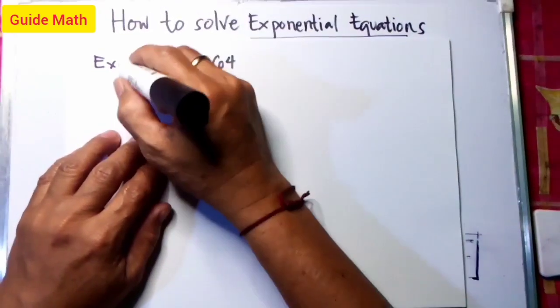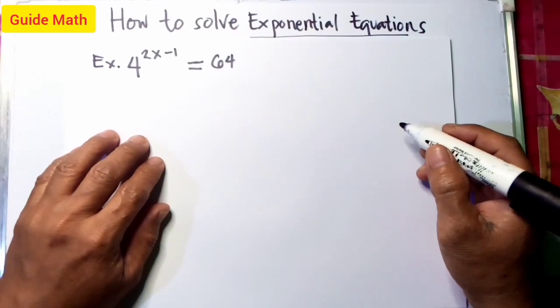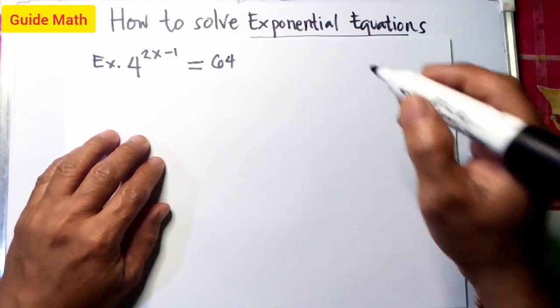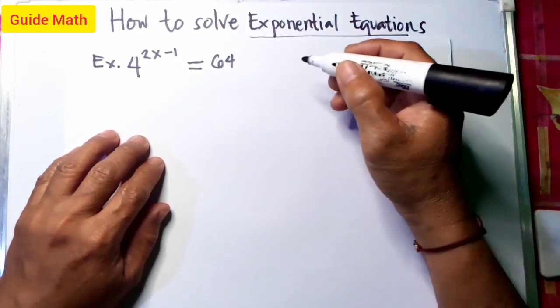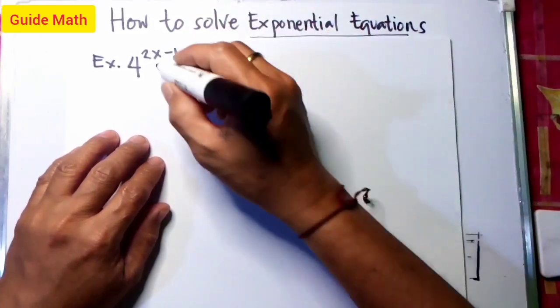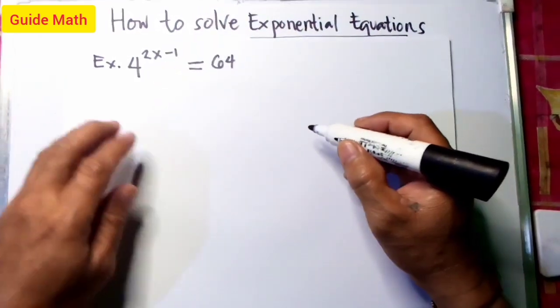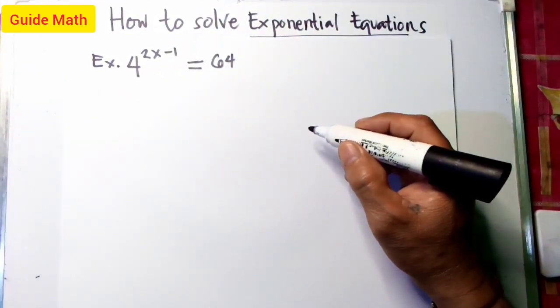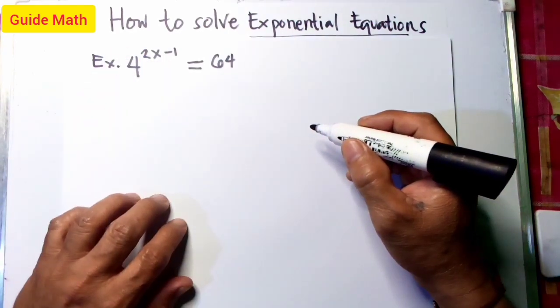Suppose this will be our given exponential equation. So we are going to solve for the exponential equation, meaning hahanapin natin yung value ng x doon as our exponent that could satisfy the given exponential equation.